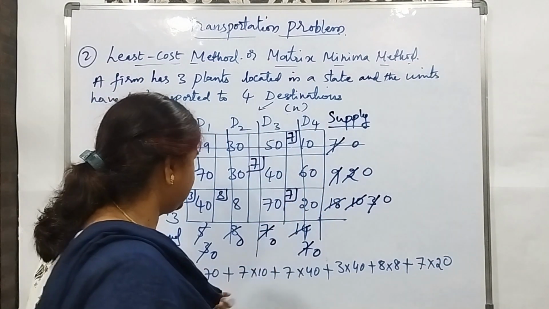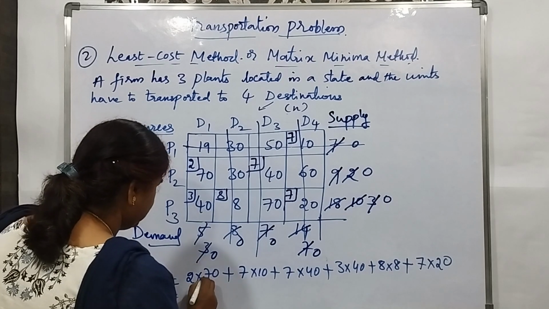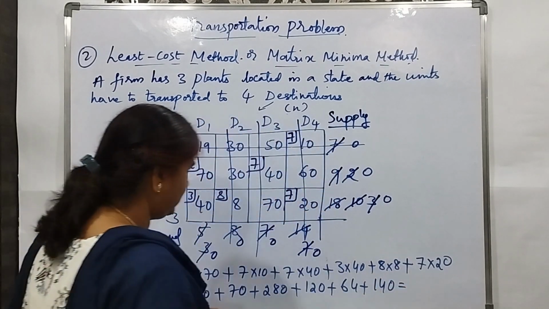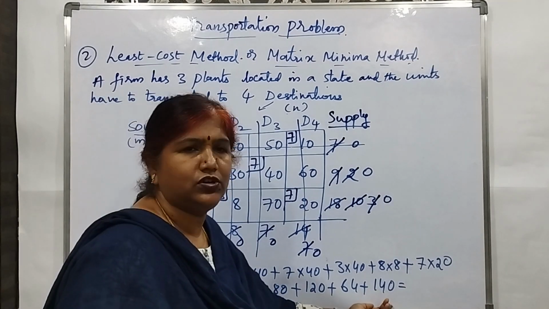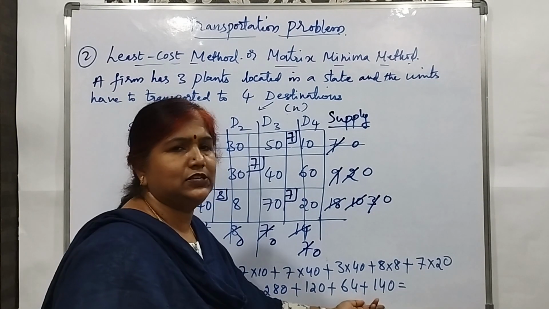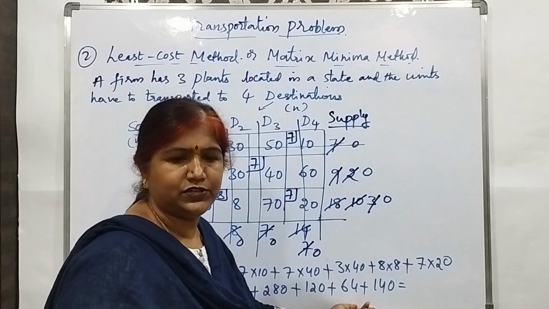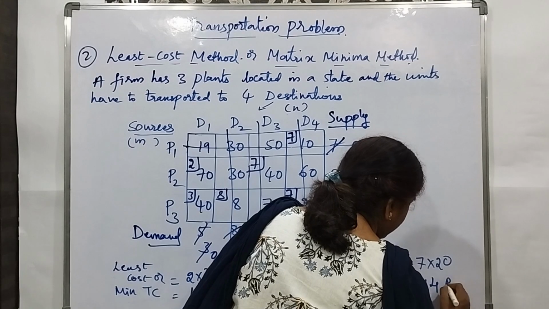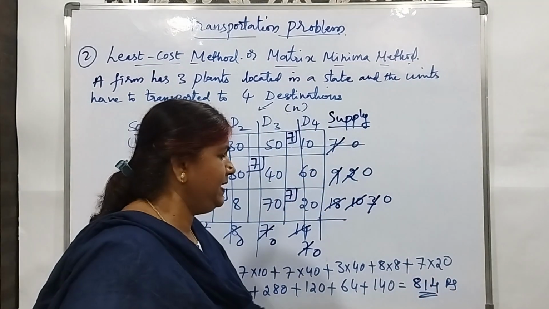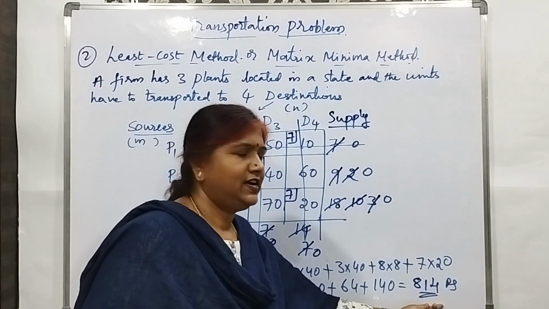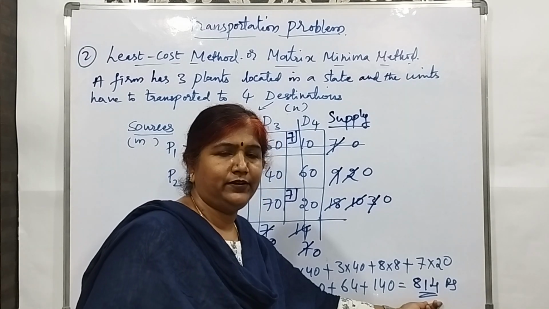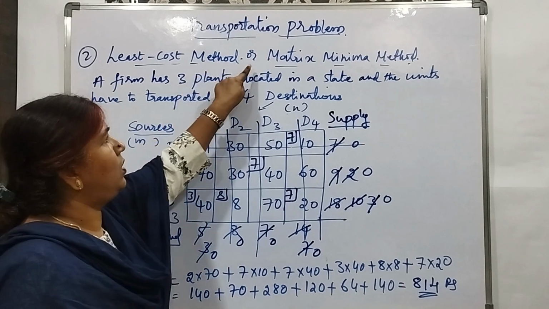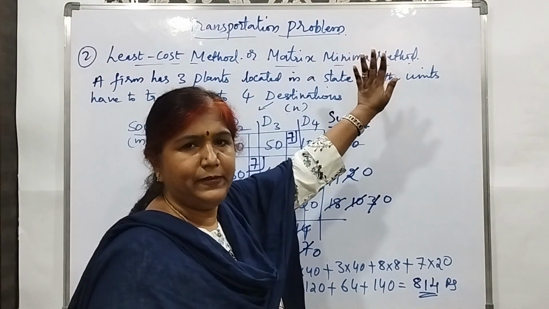Now let's calculate. Here 140, 140. The total transportation cost with the least cost method is 814 rupees. This is the minimum transportation cost that we could calculate with the method called the least cost method or matrix minima method.